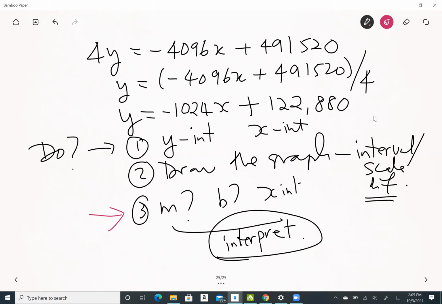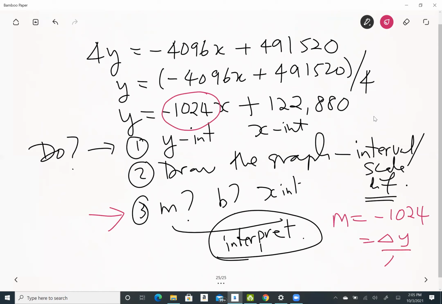If you look at that example, the slope m is equal to -1024, and that is delta y over delta x. And it is a negative value.